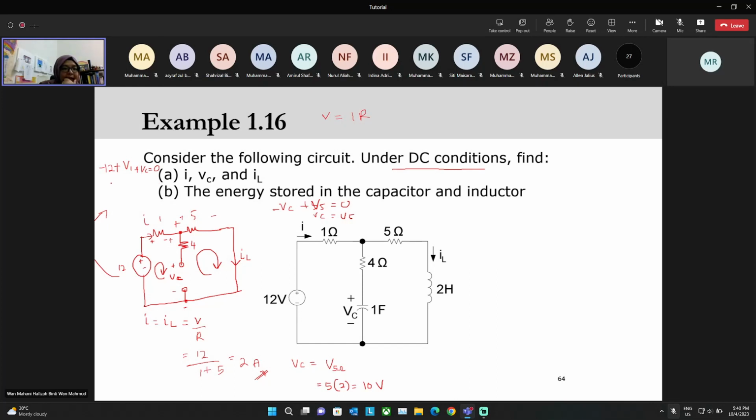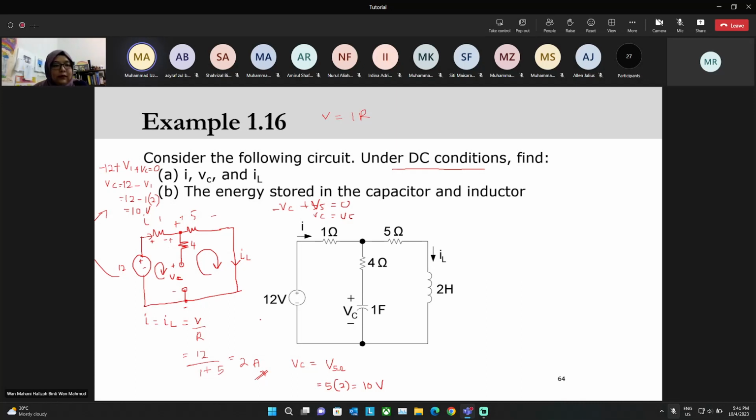So daripada sini you boleh come up with VC equals to 12 tolak dengan V dekat 1 ohm. V equals to IR, 1 darab dengan 2 lah. Current yang lalu is 2. So 12 minus 2 is 10 volt as well. Mana-mana kaedah you boleh pakai as long as jawapan sama lah.